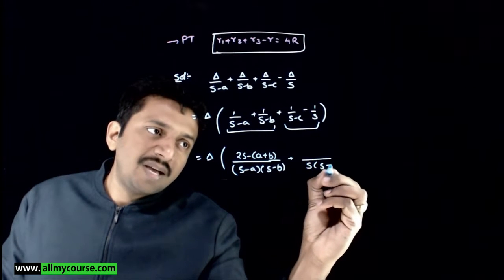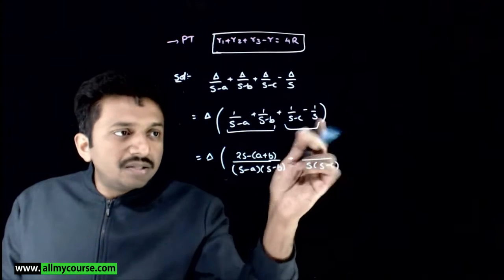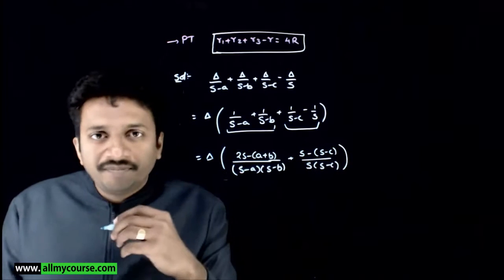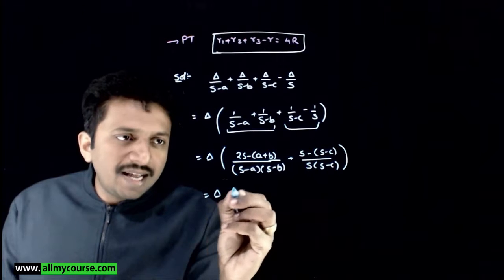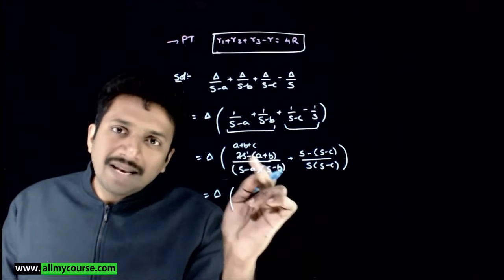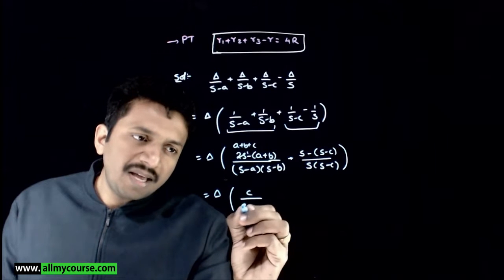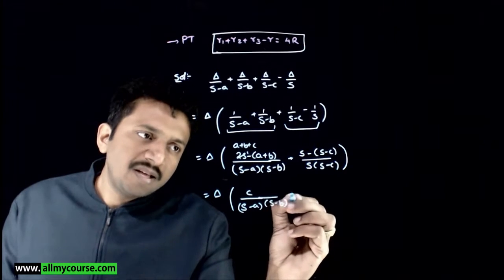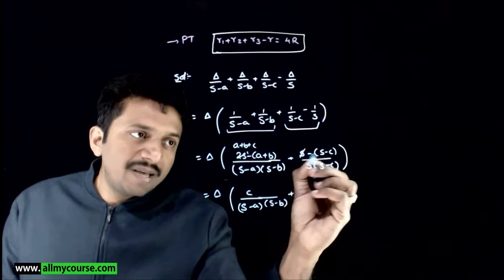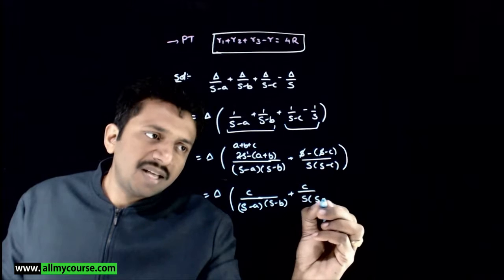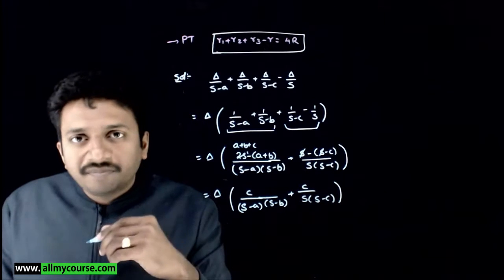S times S minus C. So S minus of S minus C. That is equal to delta times 2S is A plus B plus C, minus of A plus B is C, by S minus A times S minus B. Plus S minus of S minus C, S and S get cancelled. So you get again C by S times S minus C.